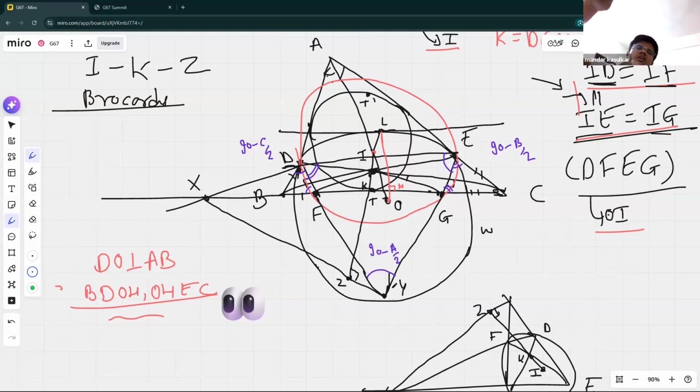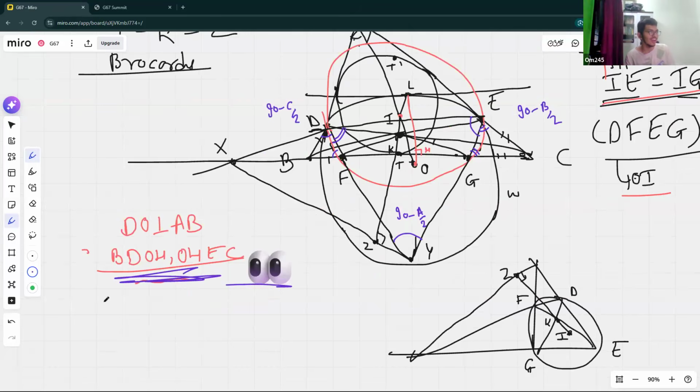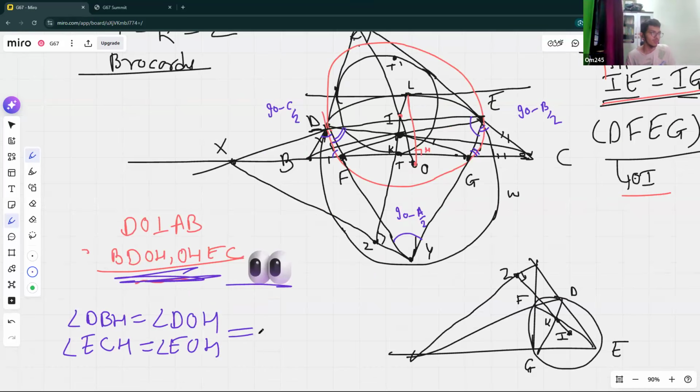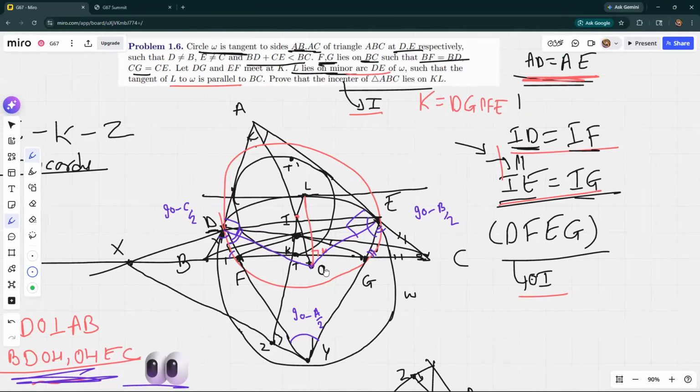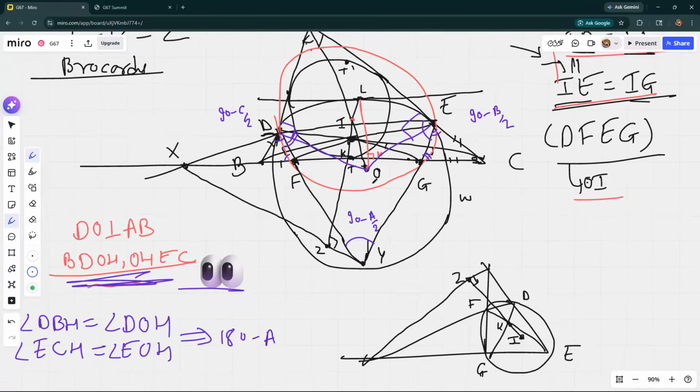Angle DBH is equal to angle DOH, and angle ECH is equal to angle EOH, and these both add up to 180 minus A. So ADOE is cyclic, because OD and OE are tangent, and this is angle A, so this is 180 minus A. DEY is similar, like in touch triangles.